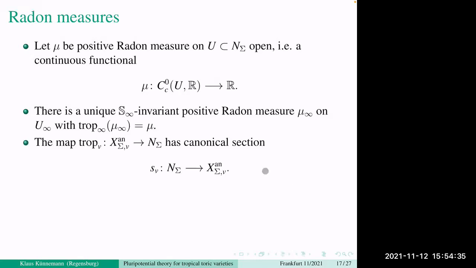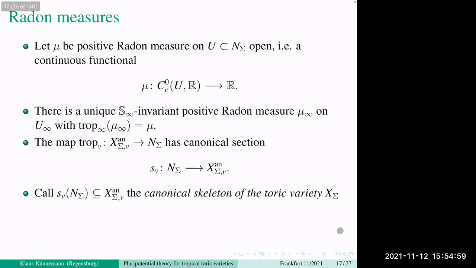In the non-Archimedean setup, the tropicalization map has a canonical section. On the real vector space, you map elements to corresponding Gauss norms on the torus, and this extends again to the compactifications here and here.